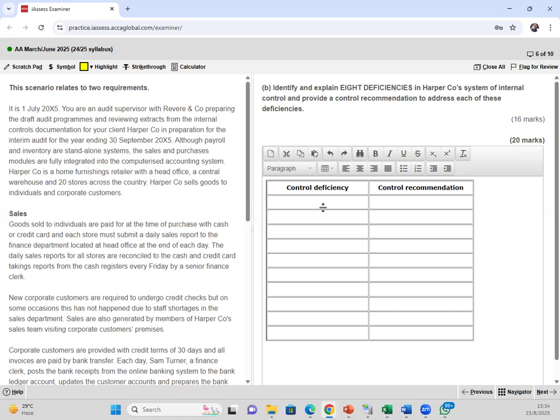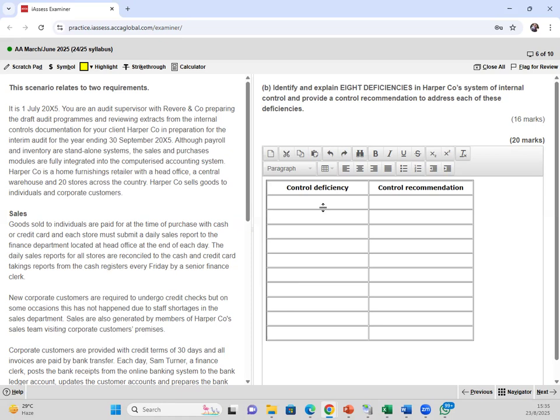A control deficiency is a weakness in the control system. What is limiting us from getting there? That is the control deficiency.